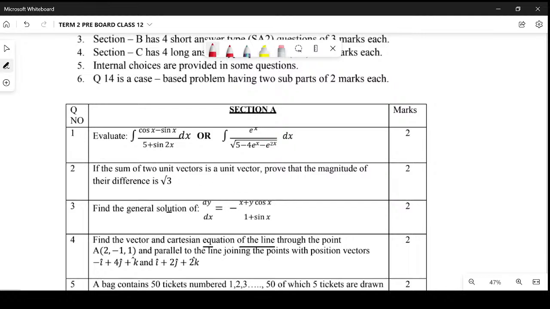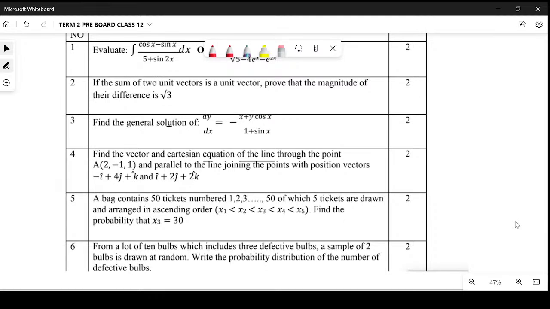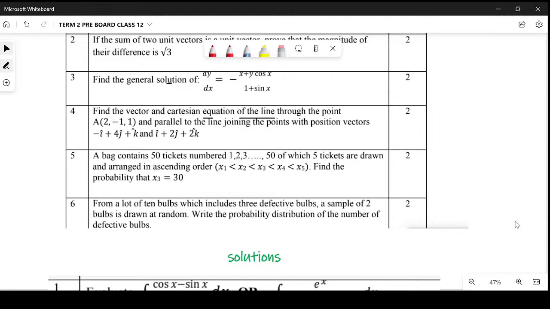And the second one, like this, we have 6 questions in section A. This is the third question, with dy by dx plus y cos x by 1 plus sin x. Here the by line is missing, you can consider that. This is the fourth one, and so on, 6 questions. One after one I will explain the solutions.